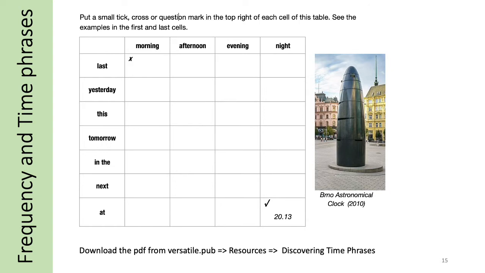They can use a tick or a cross or a question mark in each cell of the table, and then they can check the combinations in the corpus. So they can look up last morning, last afternoon, last evening, last night to see what the hits per million are, and that gives a very, very good idea and confirms their hunches about them.